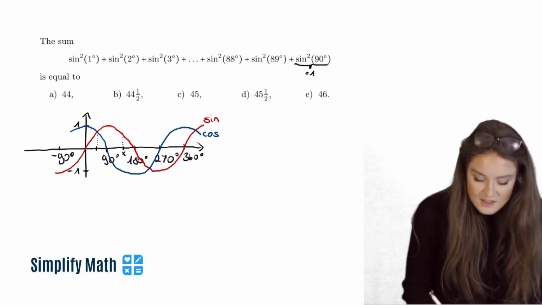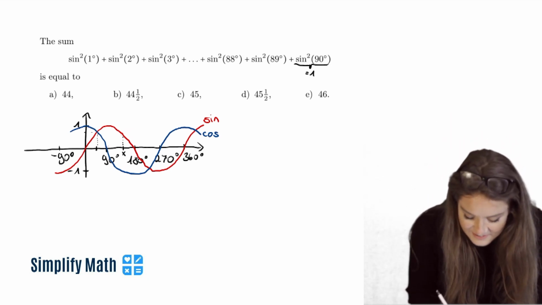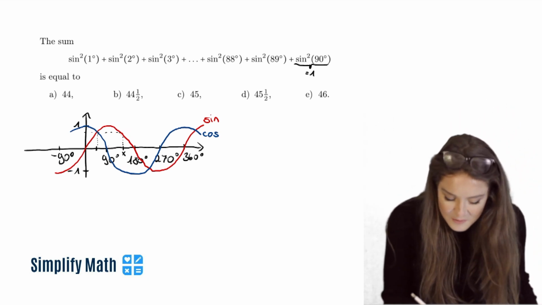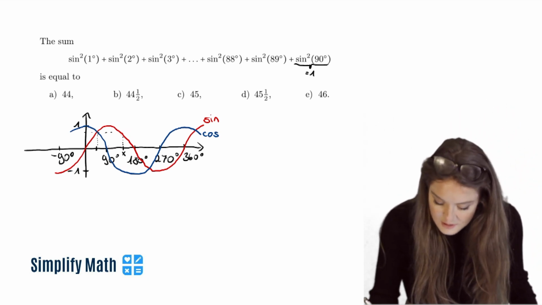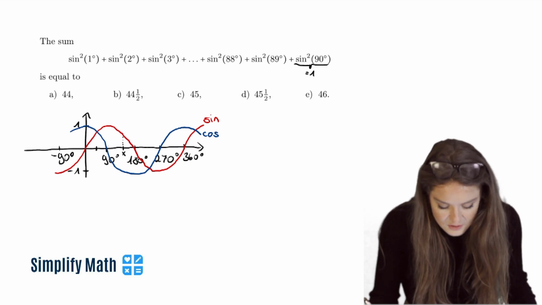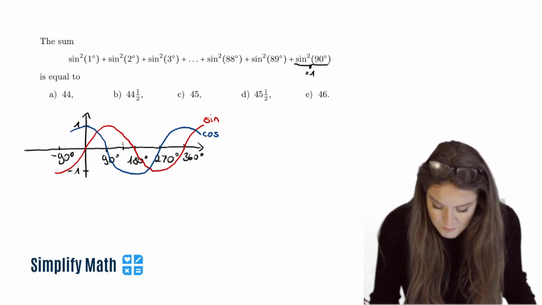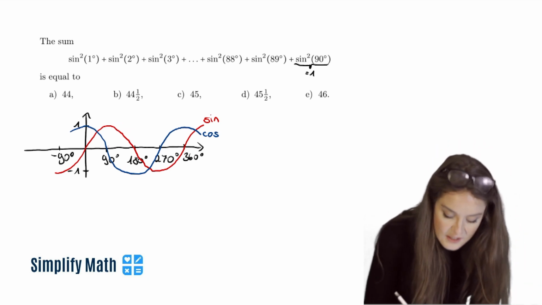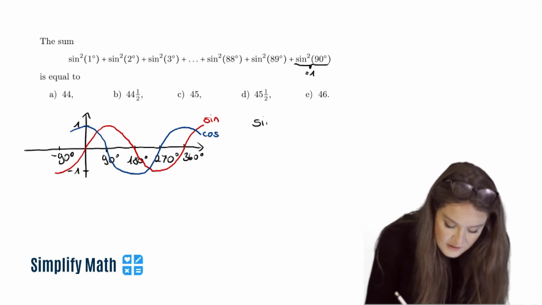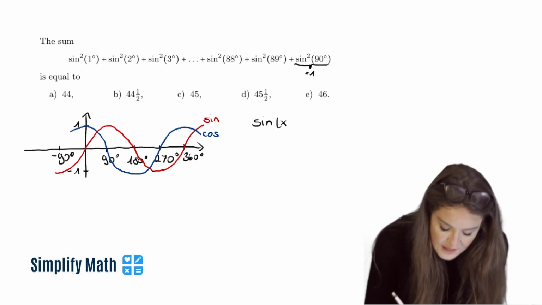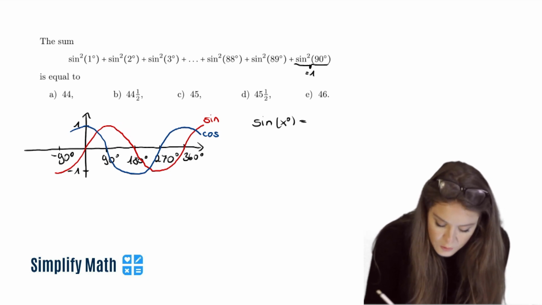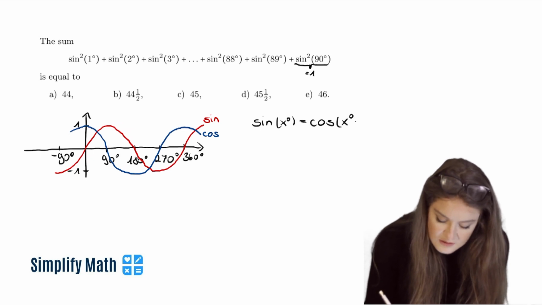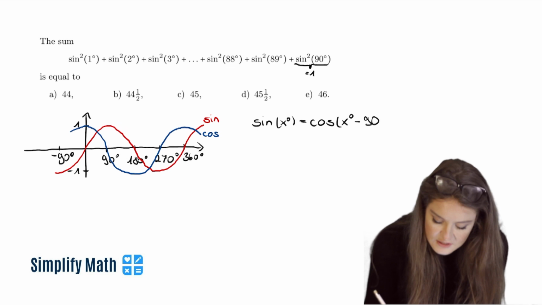Maybe it's not that nice here in the sketch, but I hope you see what I try to explain. To express this mathematically, we can say in general: sine of x degrees always equals cosine of x degrees minus 90 degrees.